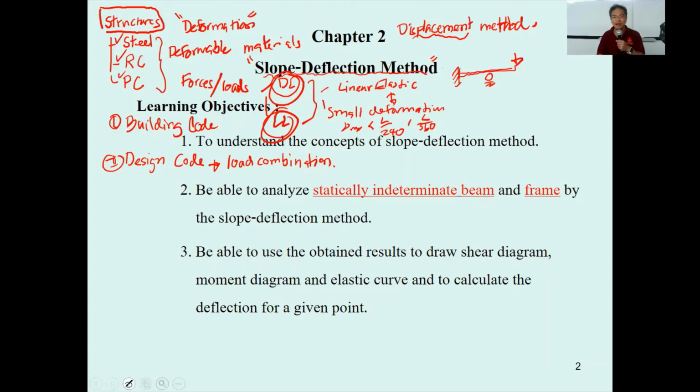Under the application of the force, you may imagine that the deformable body will move. For example, the position of this C will move to this C position, but the position B is still there. The position A is still there because B is a roller and A is fixed. So the structure starts to change shape.